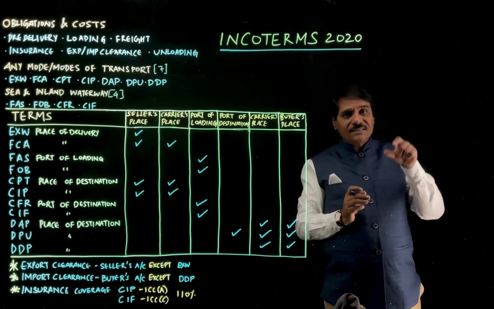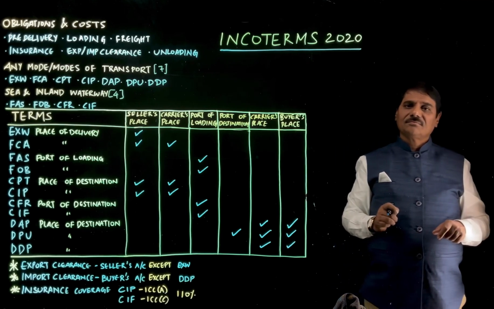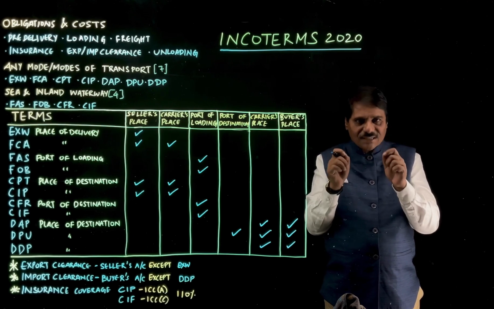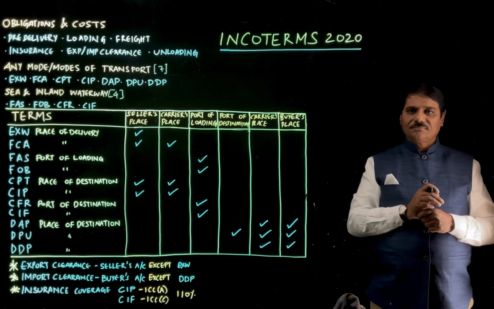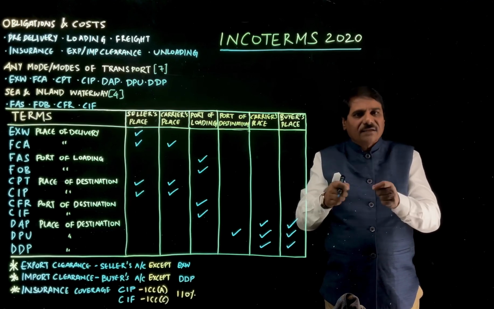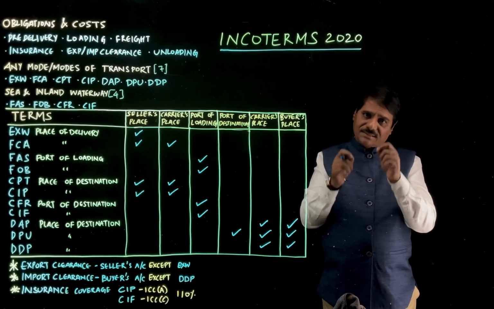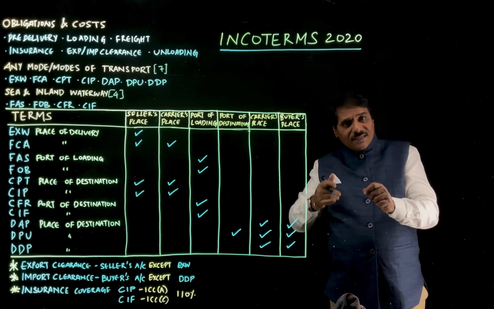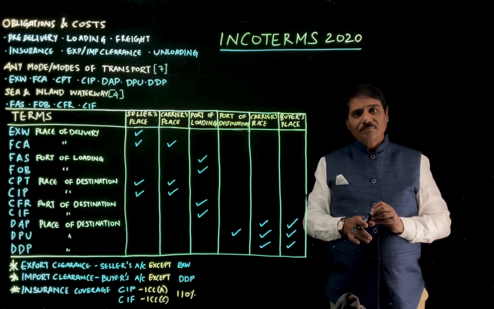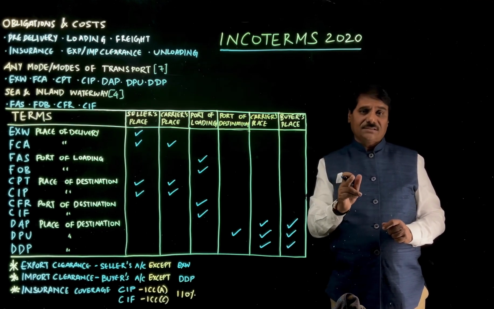So the seller's risk passes to the buyer at his warehouse, if you clearly mention it in the sales contract. Once the goods are loaded on the truck at the seller's warehouse, the seller's risk passes to the buyer, though the seller is paying the transportation charges up to Dubai.